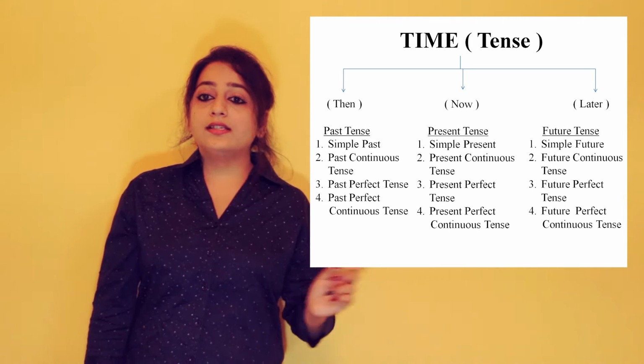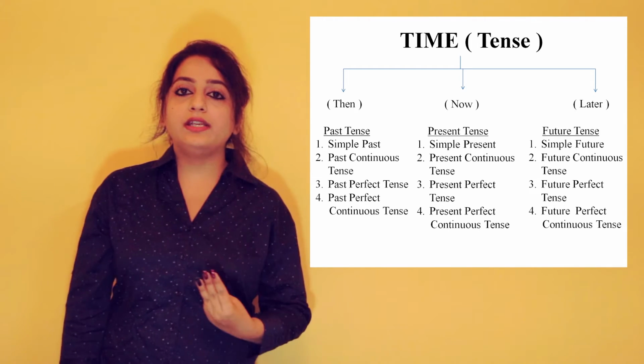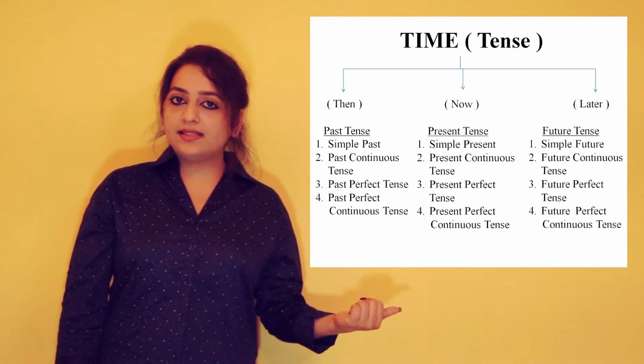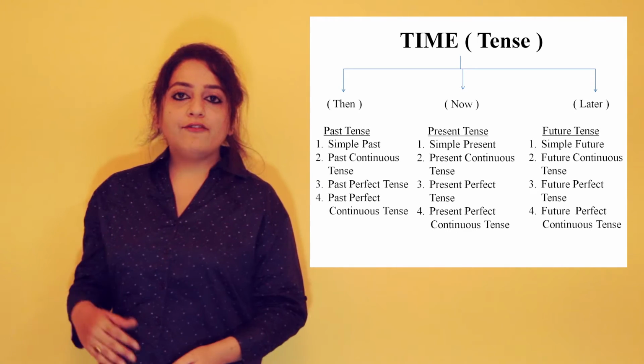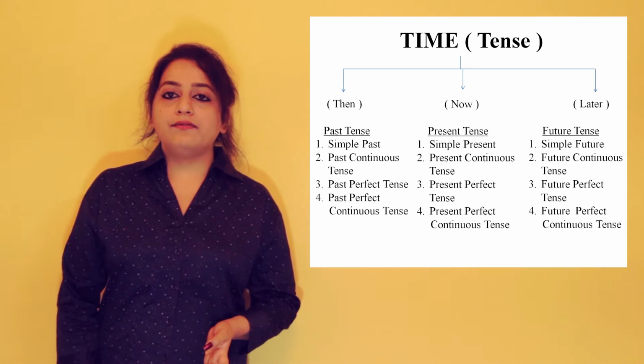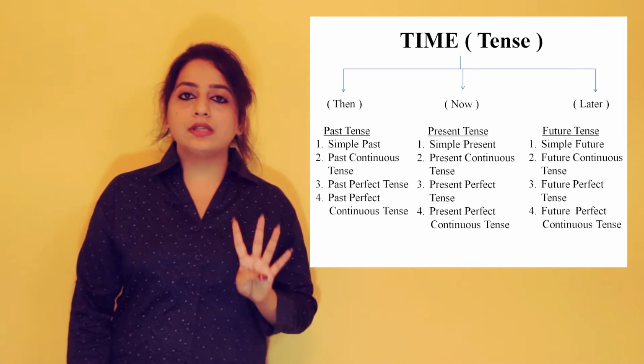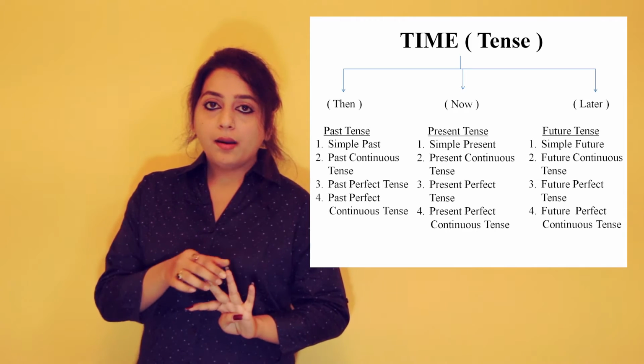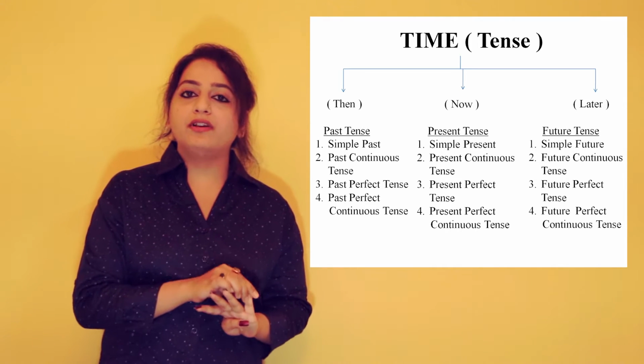As you can see, the time can be classified into three types: then, now, and later. Means past tense, present tense, and future tense. We can classify past tense in four subdivisions: simple past, past continuous, past perfect, and past perfect continuous.